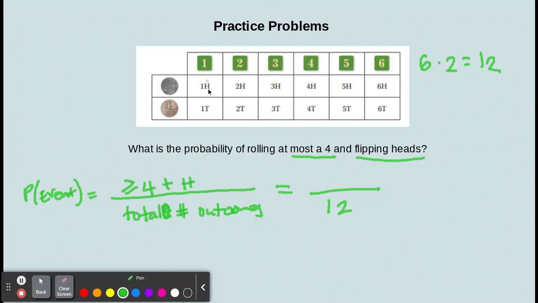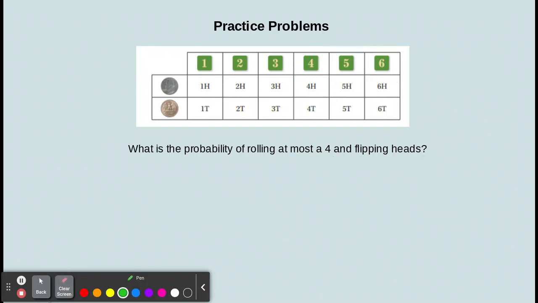So here's at most a 4, and flipping heads. We can do it here, here, and here. So how many times? 3. Then what is our probability of rolling at most a 4 and flipping heads? Well, what is 3/12 equal to? Okay, and that should conclude 7.3.